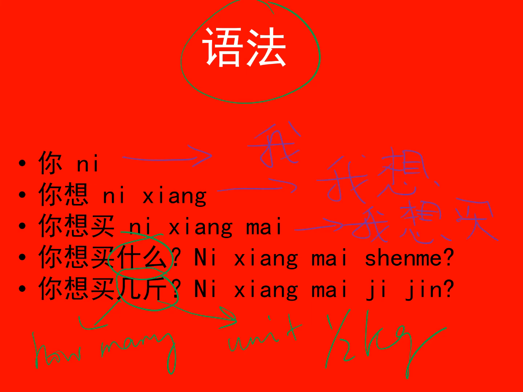For the fourth question, just replace the 什么 with the fruit or vegetable. And for the bottom question, you replace it with a number, 1, 2, 3, however much of the weight of that fruit or vegetable you would like to buy. So let's put it into practice.